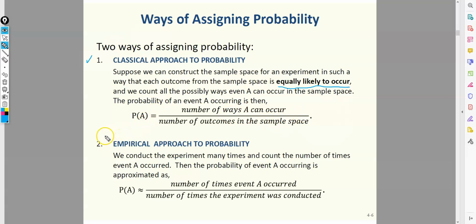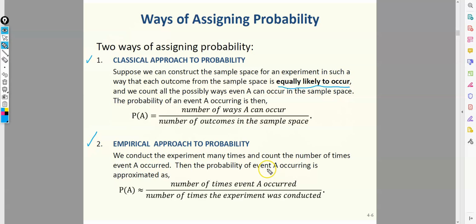Now, the second approach that we'll consider is the empirical approach to probability. In this case, we can't really construct the sample space for an experiment. It might be too difficult to do that. In which case, we conduct the experiment many times, and we count how many times the event A occurred.